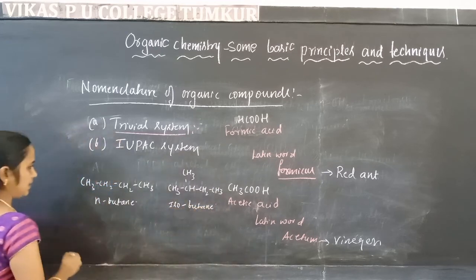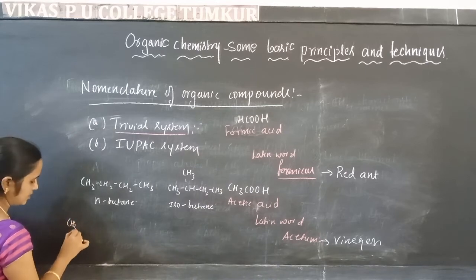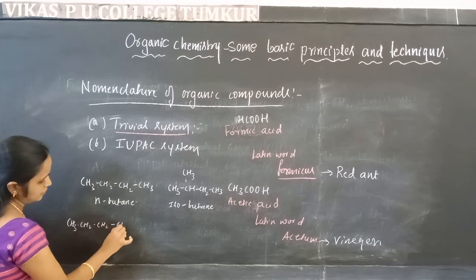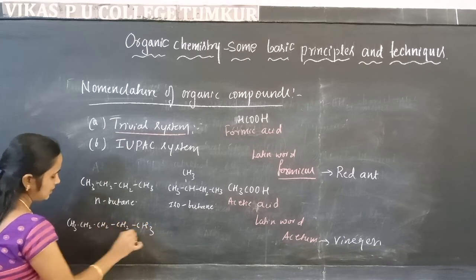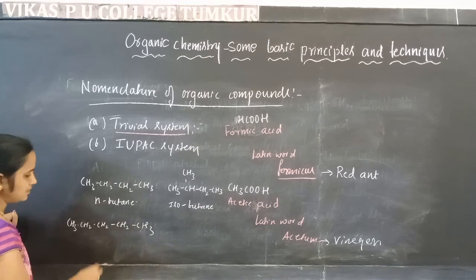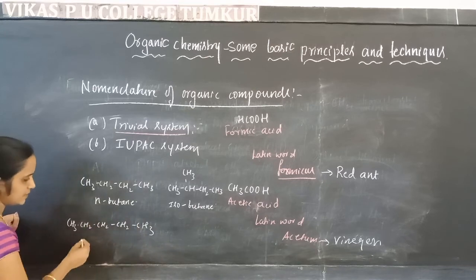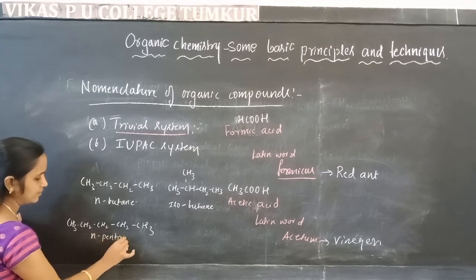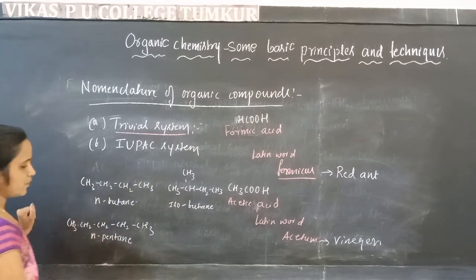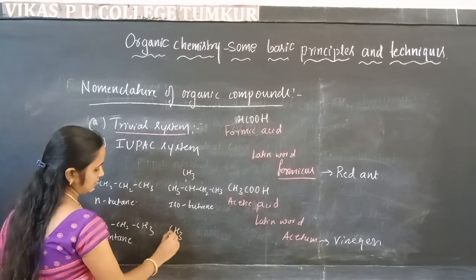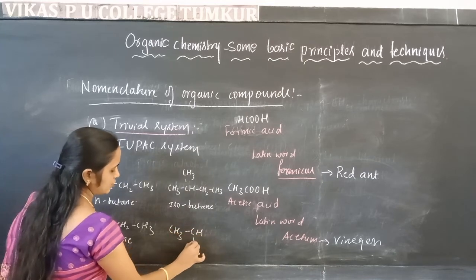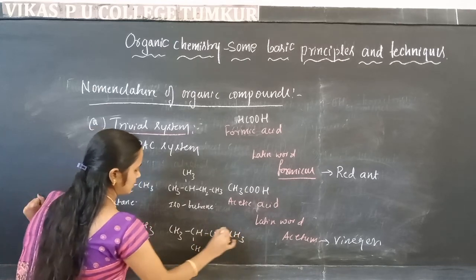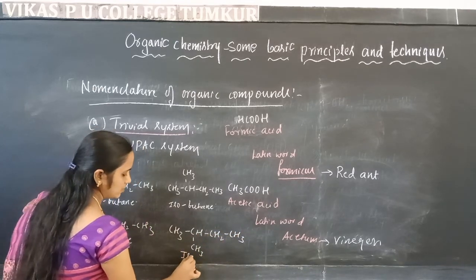Then CH3, CH2, CH2, CH2, CH3, the number of carbon atoms is 5, therefore the name given is n-pentane. Suppose like this, CH3, CH, CH3, CH2, CH3, for this they give isopentane.